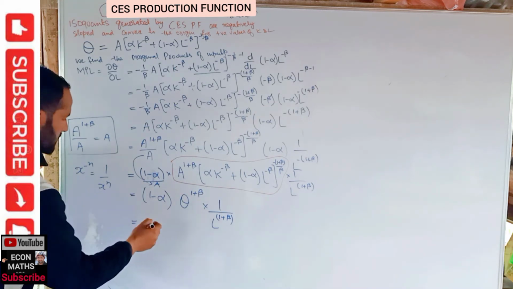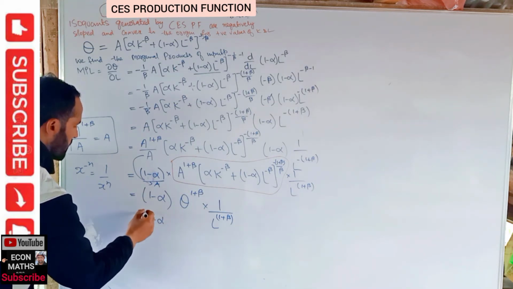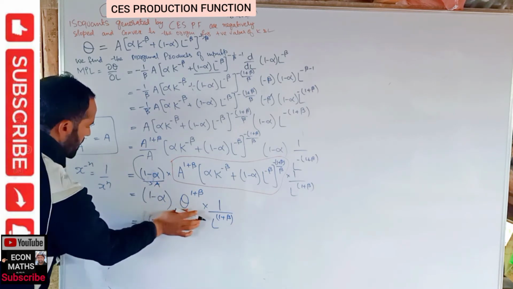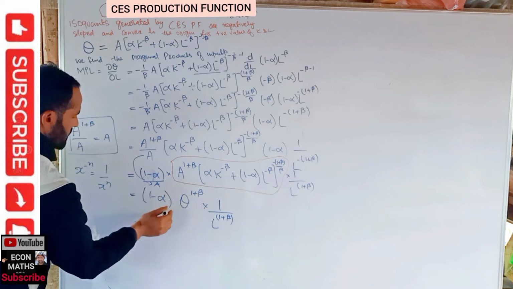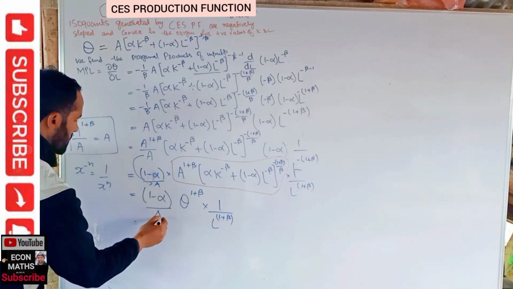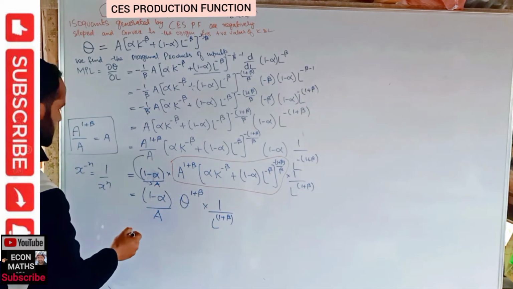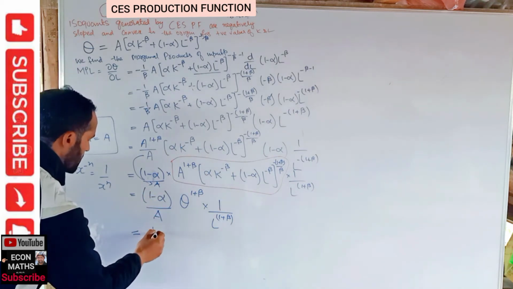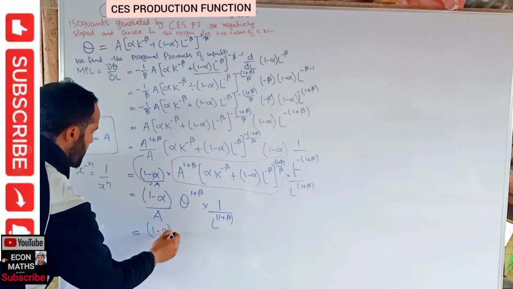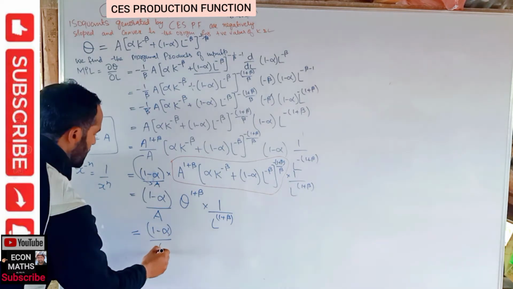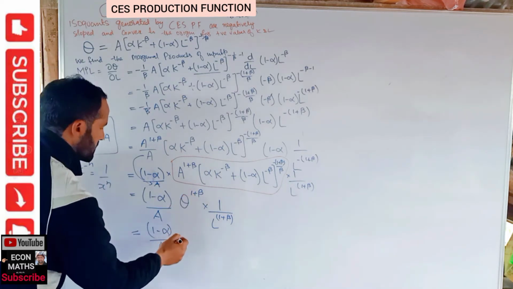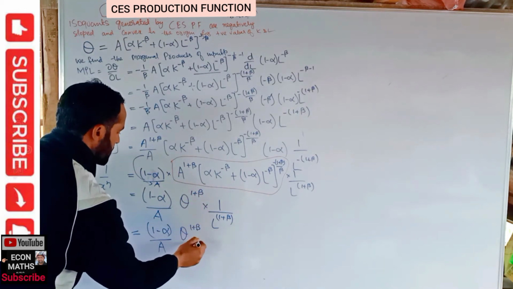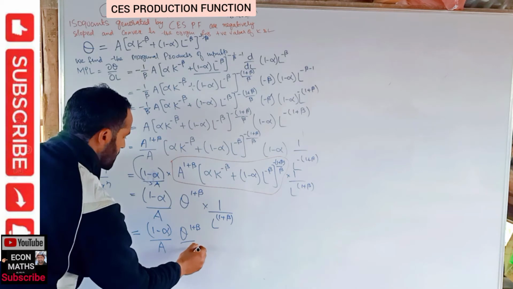Now for the solving, this will become 1 minus alpha. So first I will write here also A, I forgot here. So this becomes 1 minus alpha divided by A, and here this is Q to the power 1 plus beta divided by L to the power 1 plus beta.